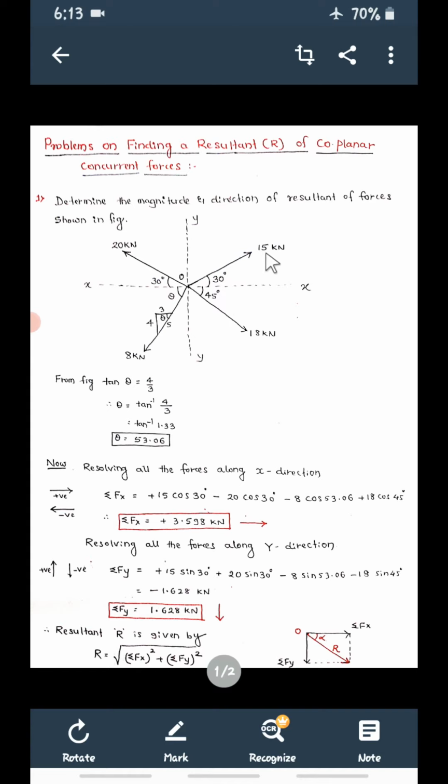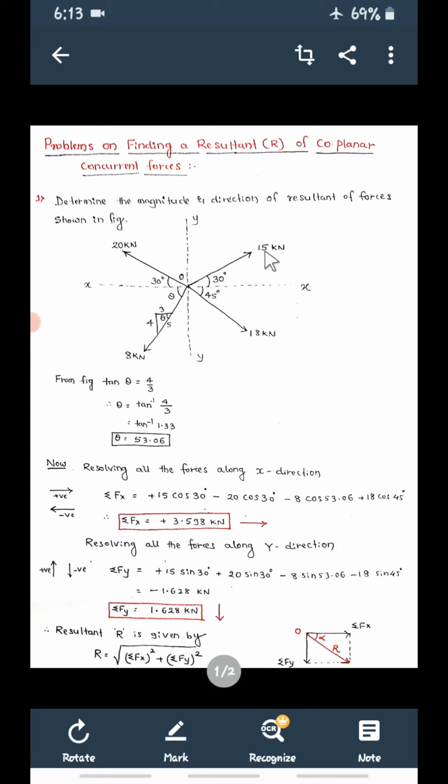The 15 kilonewton force makes an angle of 30 degrees with the x-axis. Take this as the x-axis, this positive x, this negative x, this positive y, and this negative y direction.